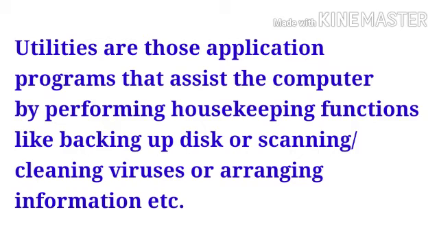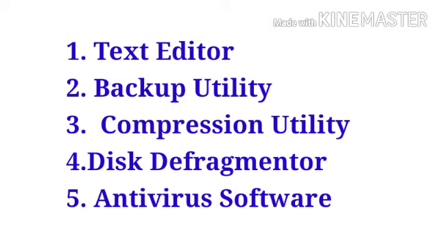Utilities are the type of application programs that assist the computer by performing housekeeping functions like backing up disks, scanning or cleaning viruses, or arranging information, etc. Some commonly used utilities are text editor, backup utility, compression utility, disk fragmenter and antivirus software. You just study only the names, no need to study in detail.